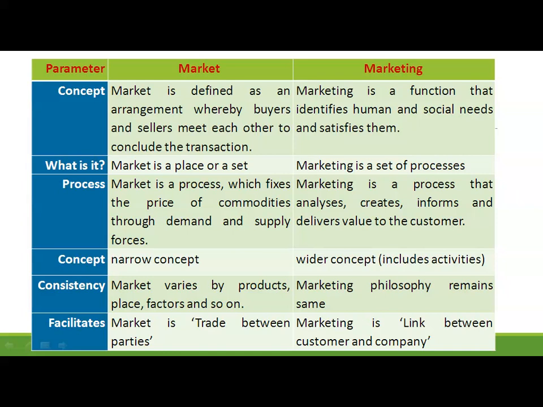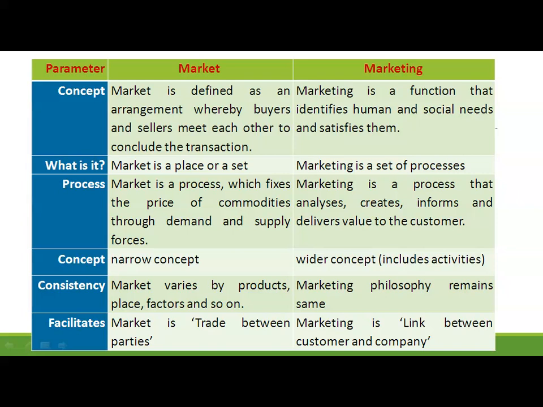Now, we will try to understand the difference. First is the definition. Market is defined as an arrangement whereby buyers and sellers meet each other to conclude a transaction between them. And marketing is a function that identifies human and social needs and tries to satisfy them.